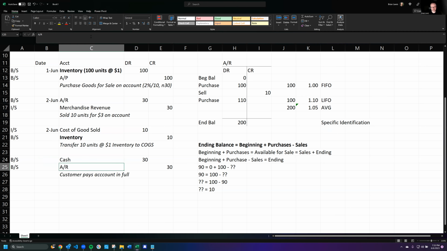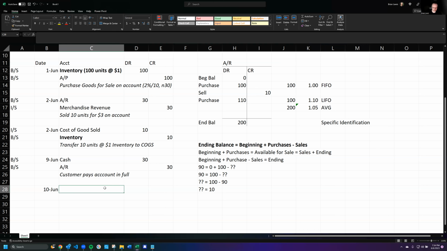Let's say they paid in 10 days. So let's make this 7 days. Let's say that they paid us on 6/9. Okay, well, I still have one more day. Now that I have the cash in hand, I can go and pay for that accounts payable on 6/10. I'm going to pay off this amount within the 10 days.